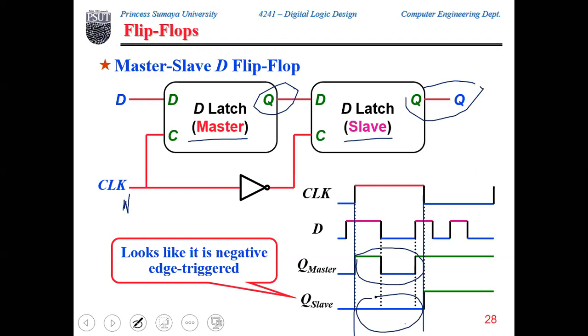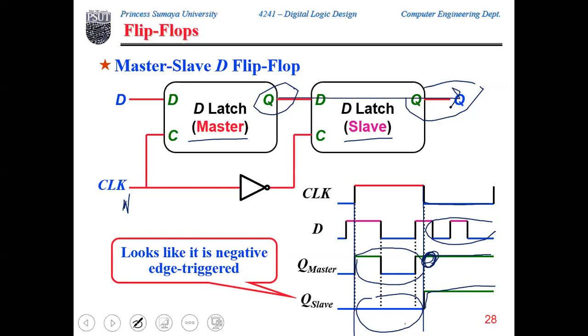Now, when the clock switches back to 0, the master Q will stay the same. It will not be affected by D, while the Q slave will change to follow the master Q, because this will pass through to the slave.